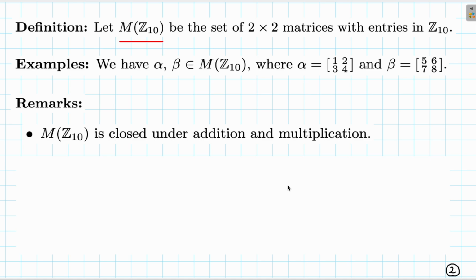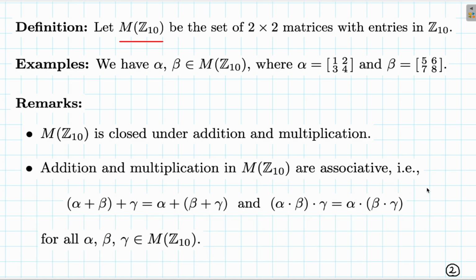Another remark is that both operations are associative, meaning we can move parentheses around. For the explanation of why addition and multiplication in M of Z10 are associative, please take a look at the Chapter 7 reading.